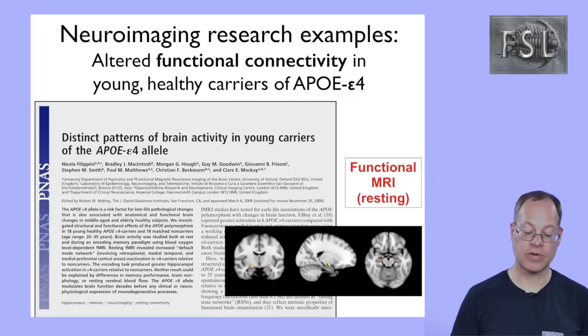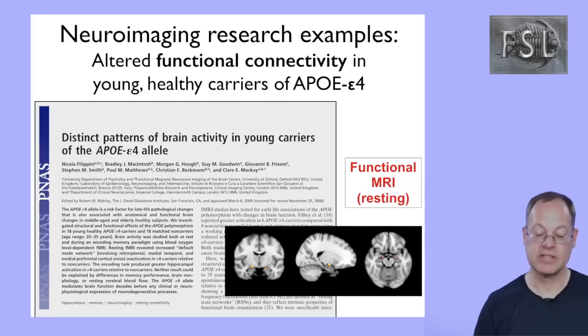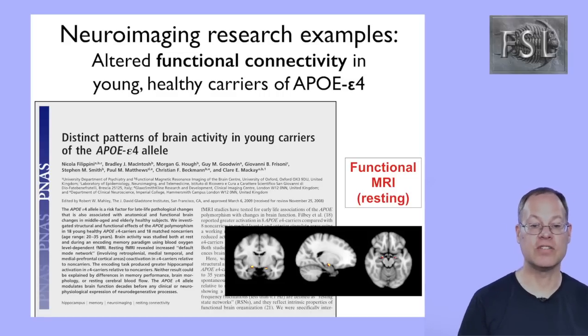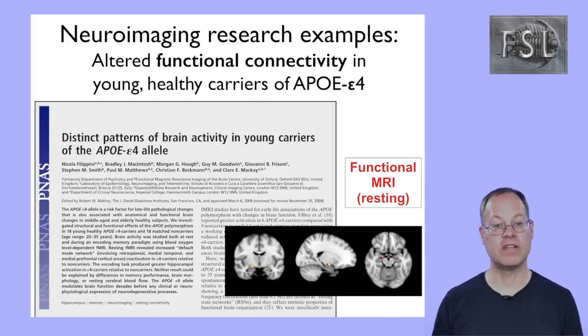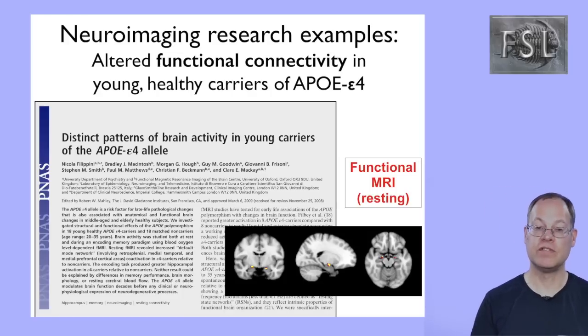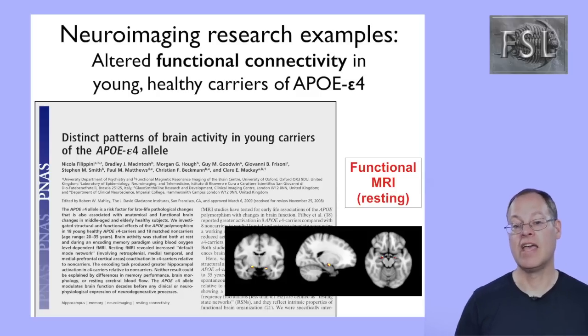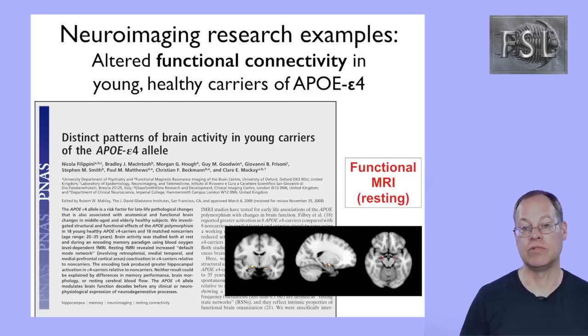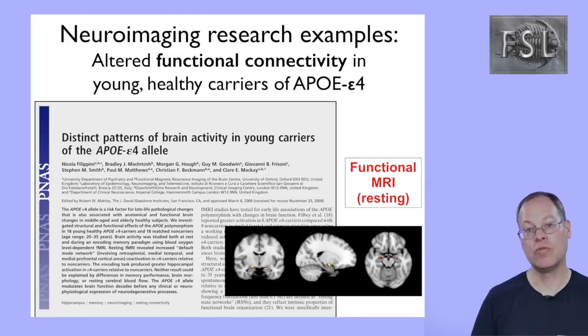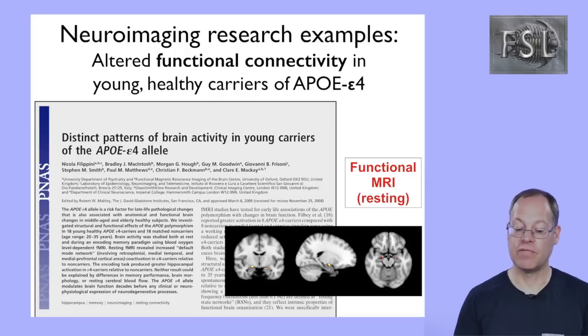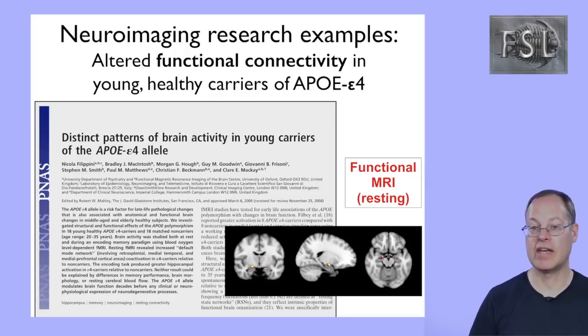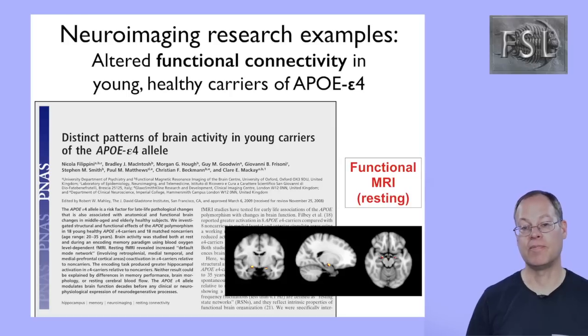And in that situation, we can see here, it might be a little bit difficult to see on that slide, but you actually see some things in the hippocampal region. Again, something which is known to be affected in Alzheimer's, but these individuals are decades before they would actually see any changes, any clinical symptoms due to Alzheimer's. So this shows a very early change in the way that their brain is functionally working, and the functional connectivity, the information that we can get out of looking at resting state fMRI.